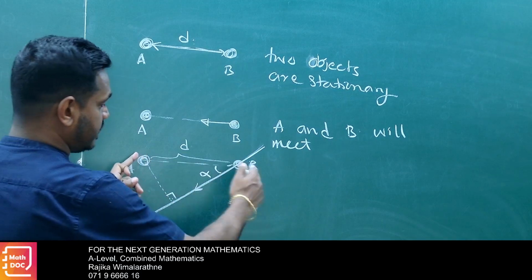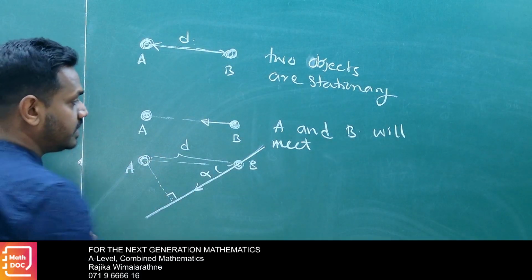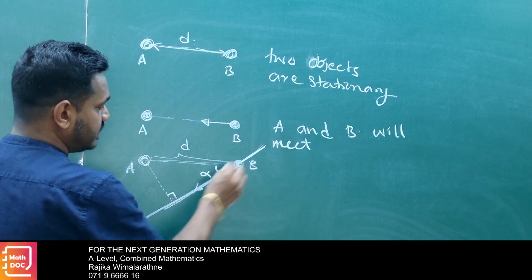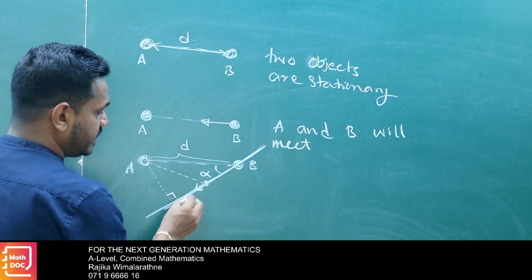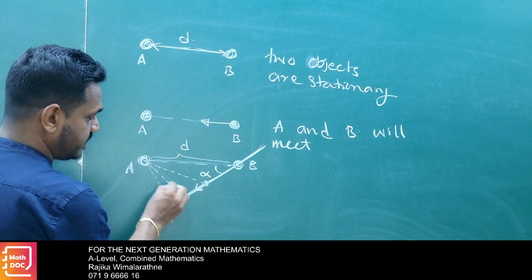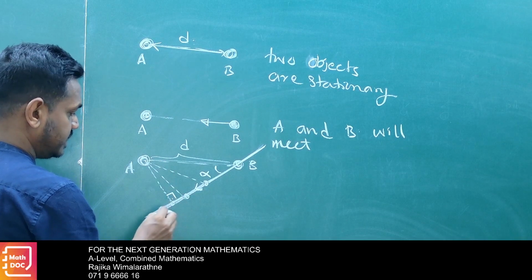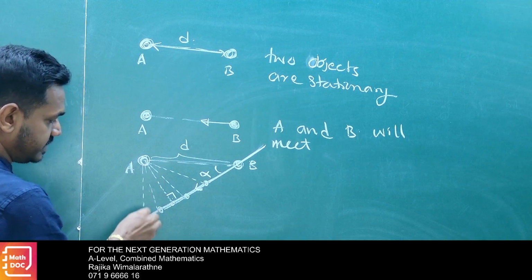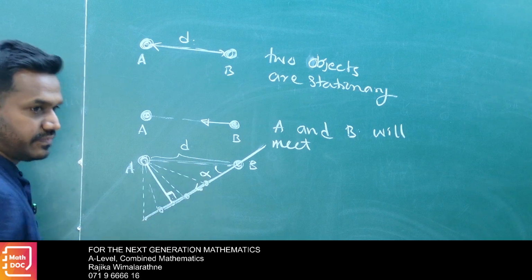Now here the AB distance, the displacement, is D. So when it moves like this, the initial displacement is D. Somewhere here the corresponding displacement is this, somewhere here the corresponding displacement is this, and somewhere here the corresponding displacement is here. Anyway, this one we call the shortest distance.